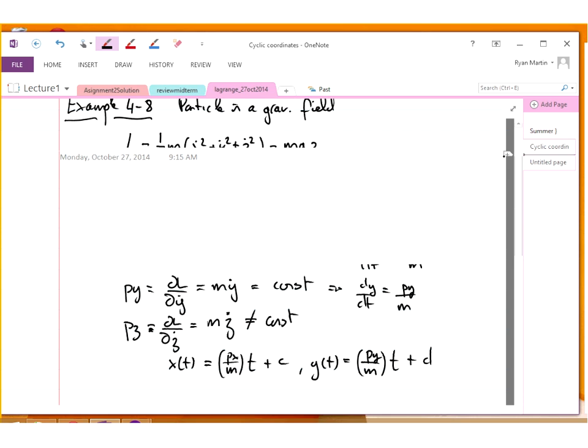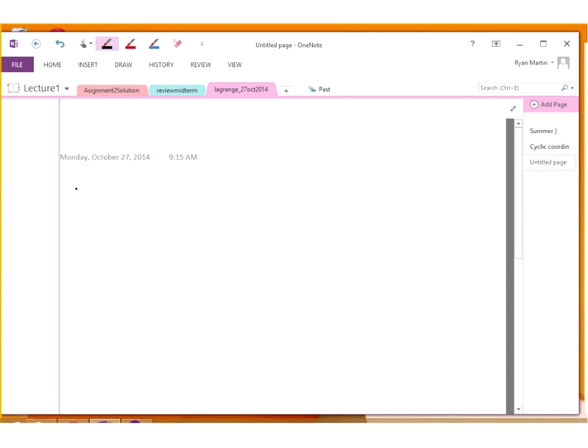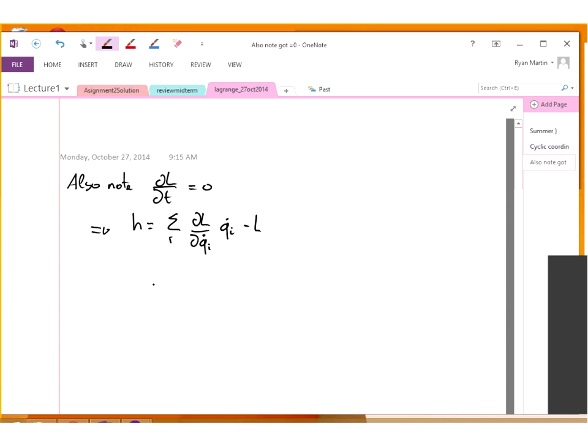Okay, so let's note something else. Our Lagrangian didn't explicitly depend on time. So that means the Jacobi integral, h, which was equal to the sum over i of ∂L/∂q_i dot times q_i dot minus L, must equal a constant. So let's calculate that term.